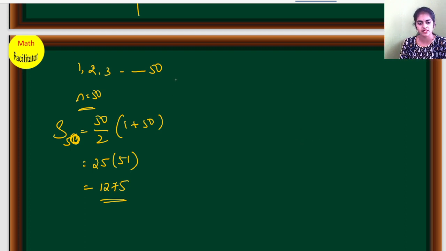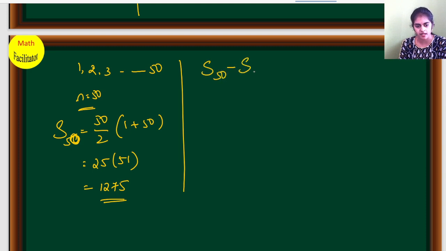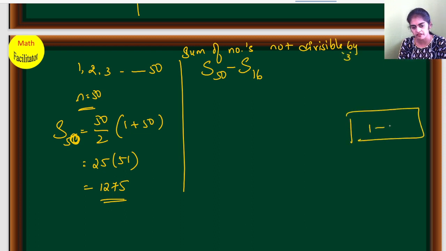From the sum of 50 numbers, I have to subtract the sum of these 16 numbers which are divisible by 3, so that I get the sum of the numbers which are not divisible. We have found the sum of 1 to 50 and the sum of the numbers divisible by 3.